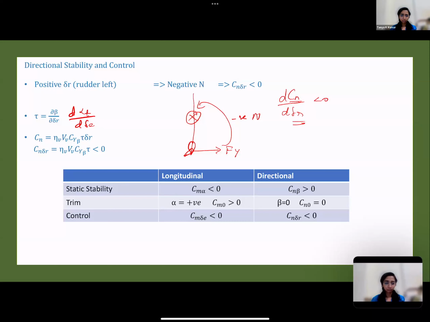Now control. For control, in the longitudinal case, your Cm delta E is less than 0. Why was it less than 0? This is your fuselage reference line. This is your horizontal tail. And if I deflect my elevator down, elevator deflection downwards, positive or negative?